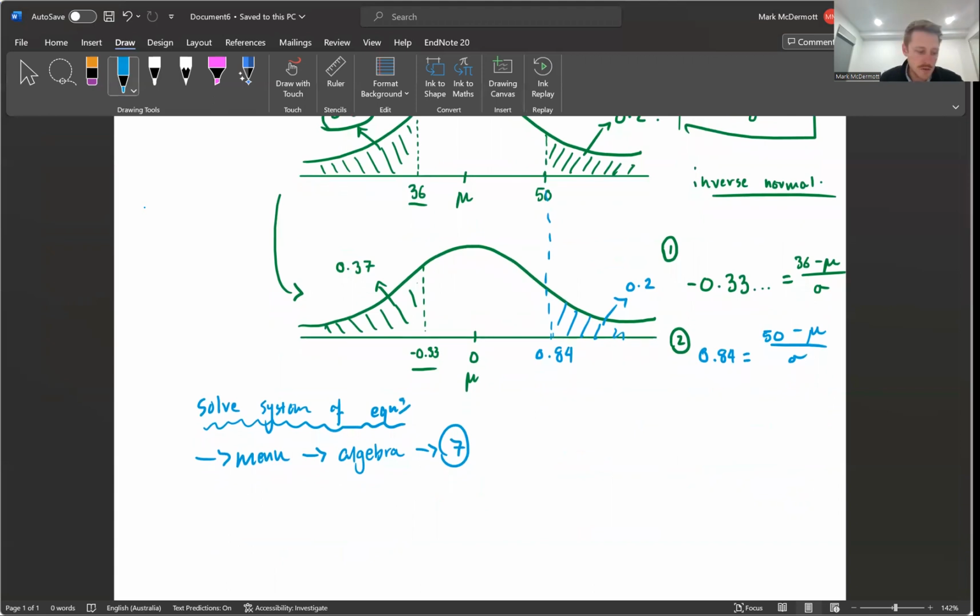Then you put those 2 bits of information in, and just call it x and y or whatever, because you can't use mu and standard deviation. You'll get a mean of 41.31 approximately, and you'll get a standard deviation of 16.092.